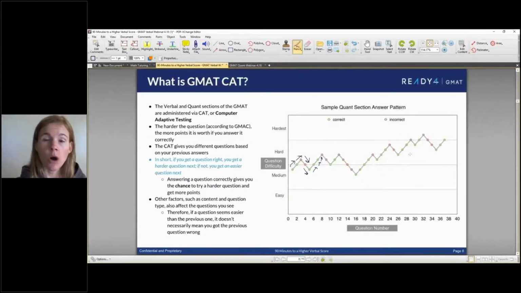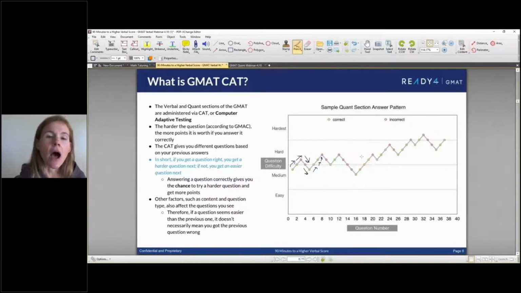So if you are getting 700 level questions right about half the time, that will be your score. If you're getting 600 level questions right about half the time, then that will be your score. The way the algorithm works is that everybody takes a different version of the GMAT based on which questions they get right and wrong throughout the test.